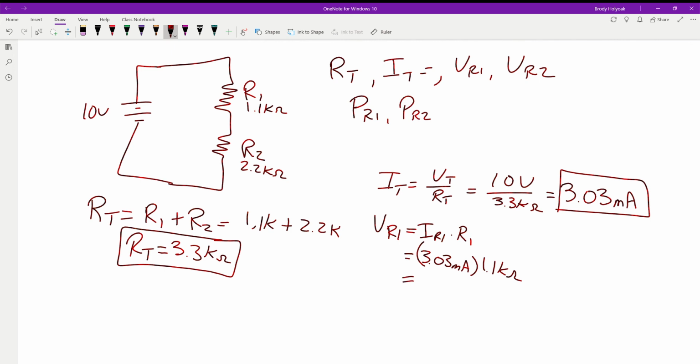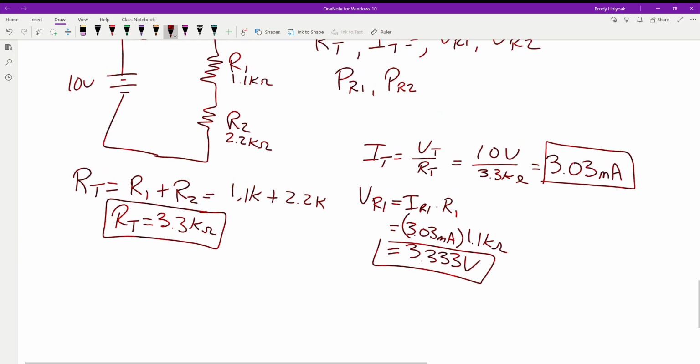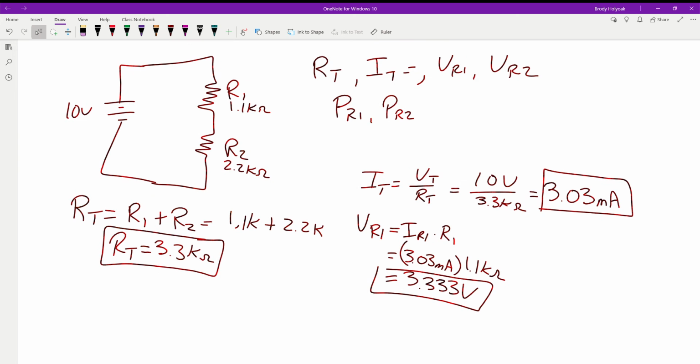So the voltage across R1 comes out to be what? Does that answer make sense? Okay, because 1.1K is how much percent of 3.3K? It's a third. It's 33%. So we take 33 percent of 10, we get 3.333.